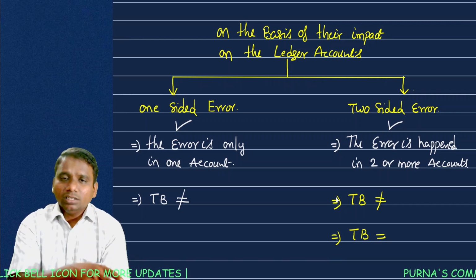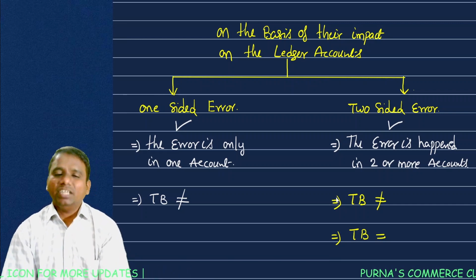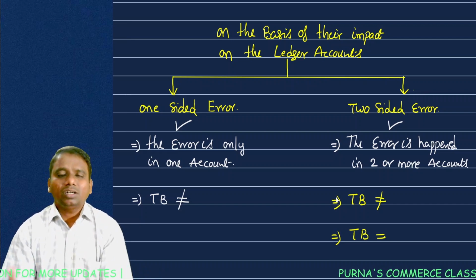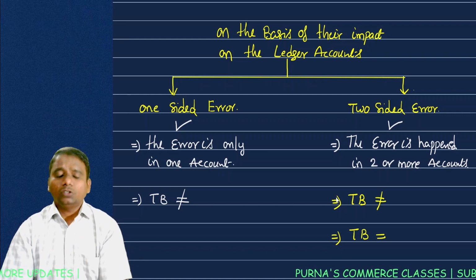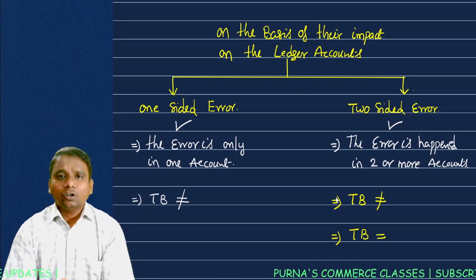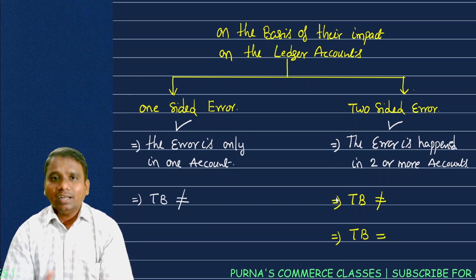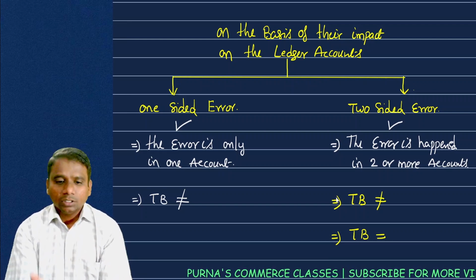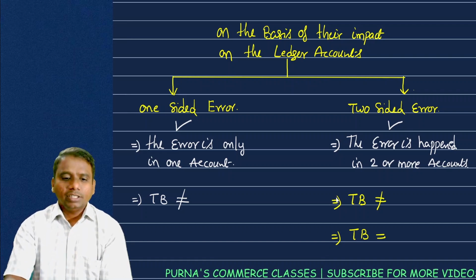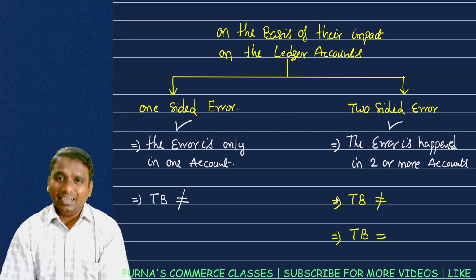The same thing today we have discussed in the form of classification of errors: error of principle, clerical errors, again clerical errors into compensating errors and error of omission, and again error of omission into partial, complete, and error of commission. So all the classification we have seen. Now here also, on the basis of their impact on ledger accounts or trial balance, one-sided error and two-sided error.